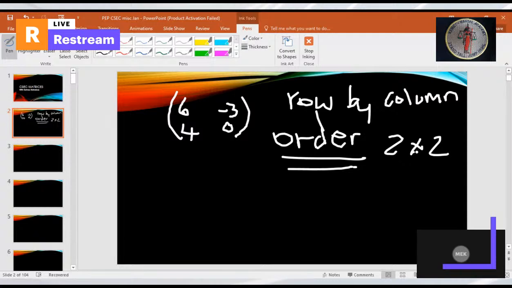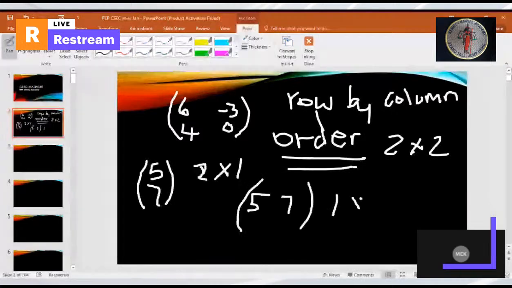If we had it like this, that would be a 1 by 2 matrix. 1 row, and these are 2 columns.